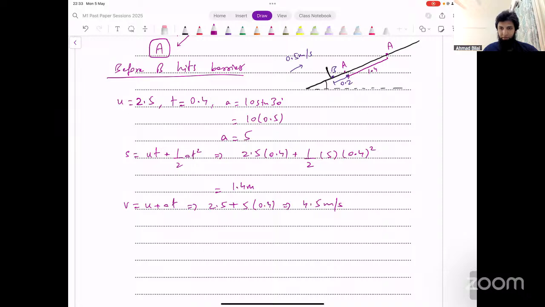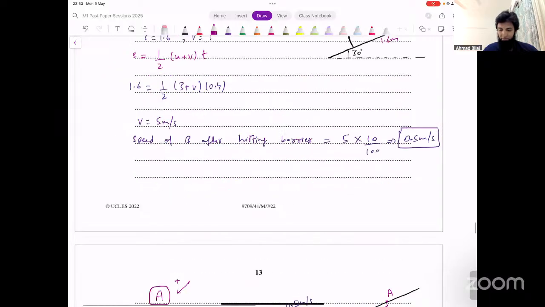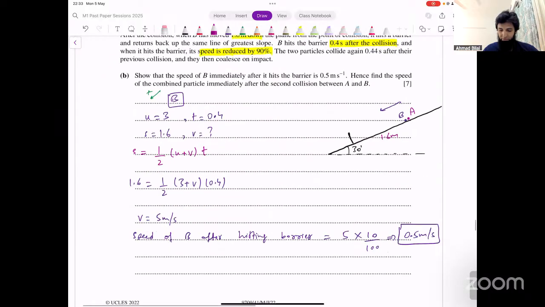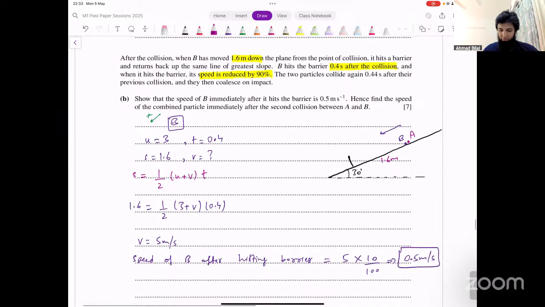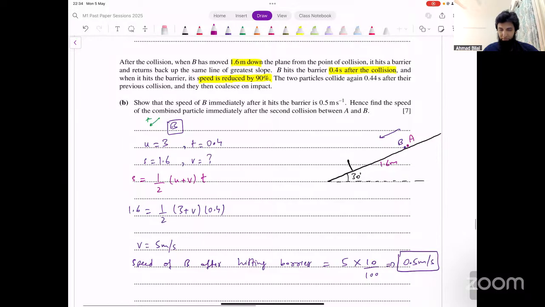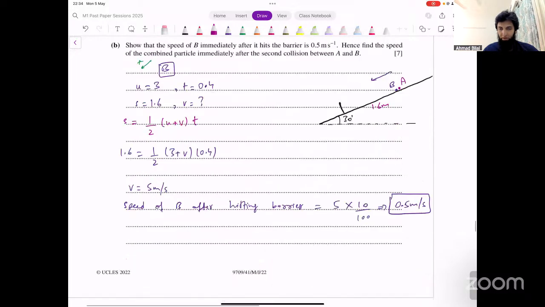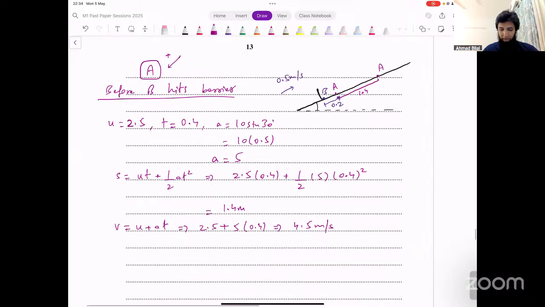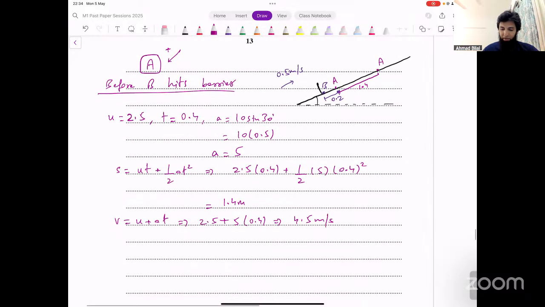Have I input something wrong? No, no, no. I'm just finding the speed of A at this point, first of all.